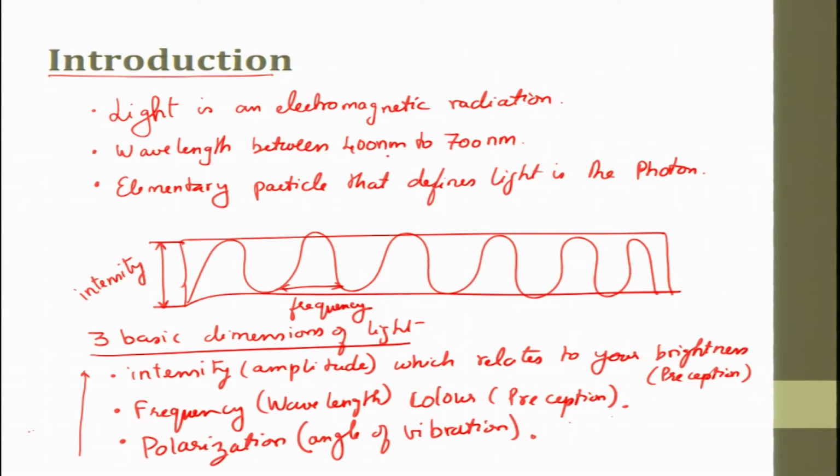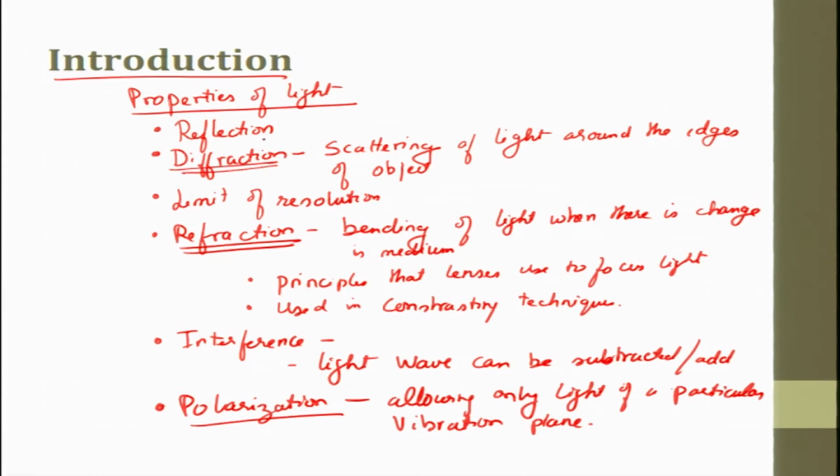It falls in the wavelength of 200 nanometer to 700 nanometer. The elementary particle that defines light is photon. So, lasers work on the principle of this photon, energy packets. The basic dimensions of light are three things: intensity, frequency and polarization. Reflection, diffraction, refraction and interference are some of the properties of light which are used for developing instruments for measurements.